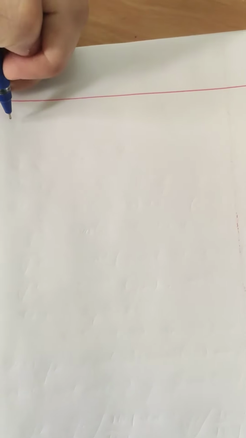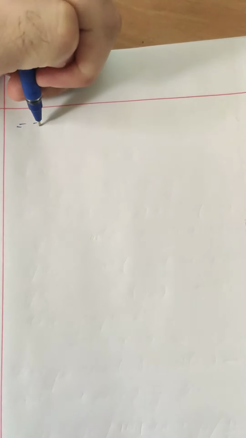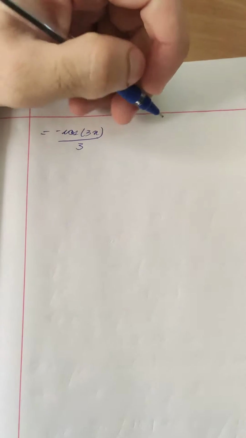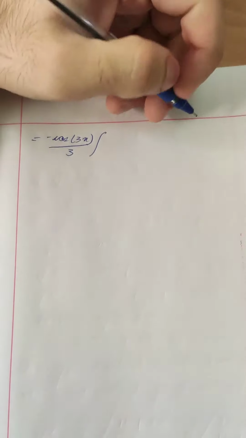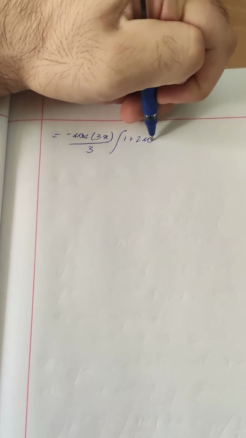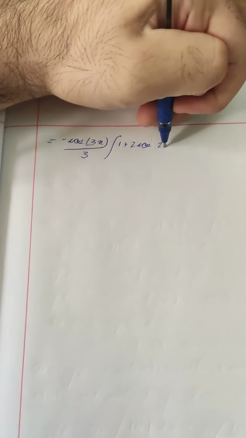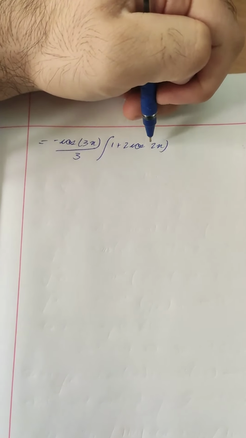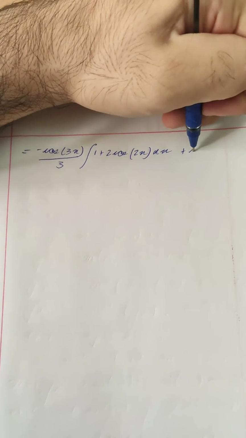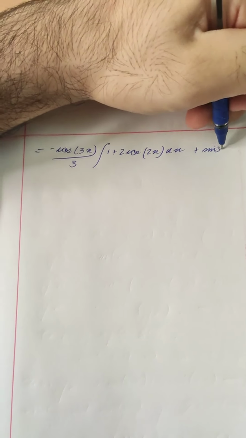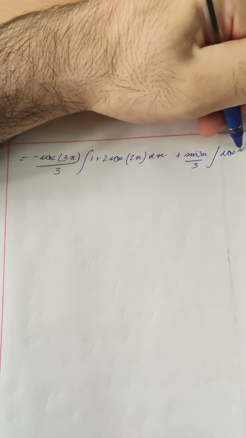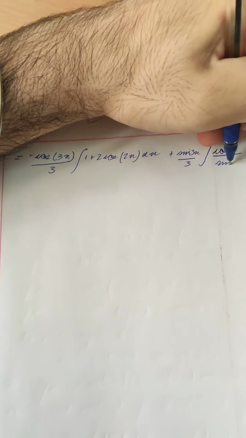So this would eventually lead us to minus cos 3x by 3 integration of 1 plus 2 cos 2x, I think this is right, dx, plus sine 3x by 3 cos x by sin x.